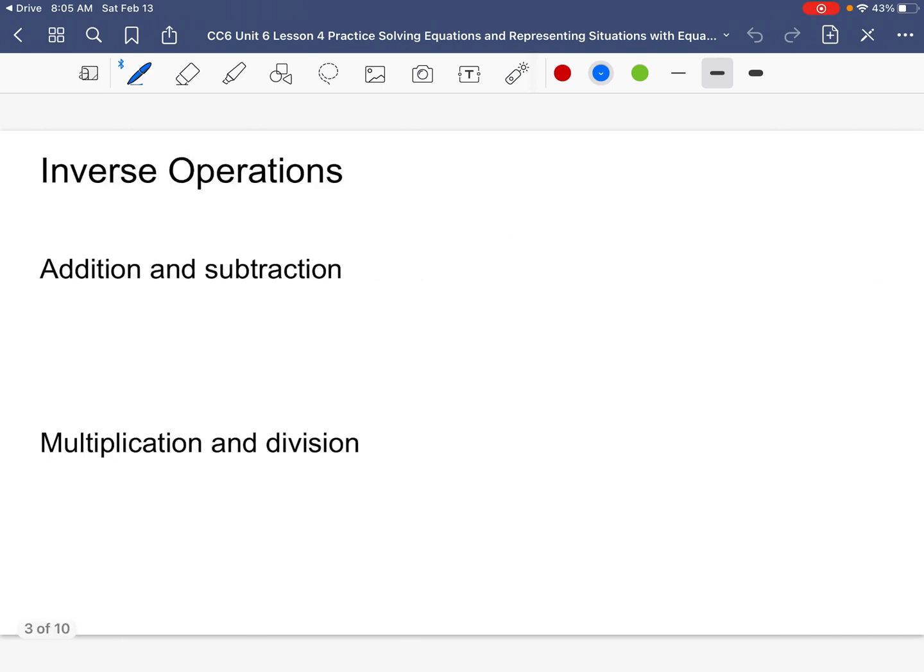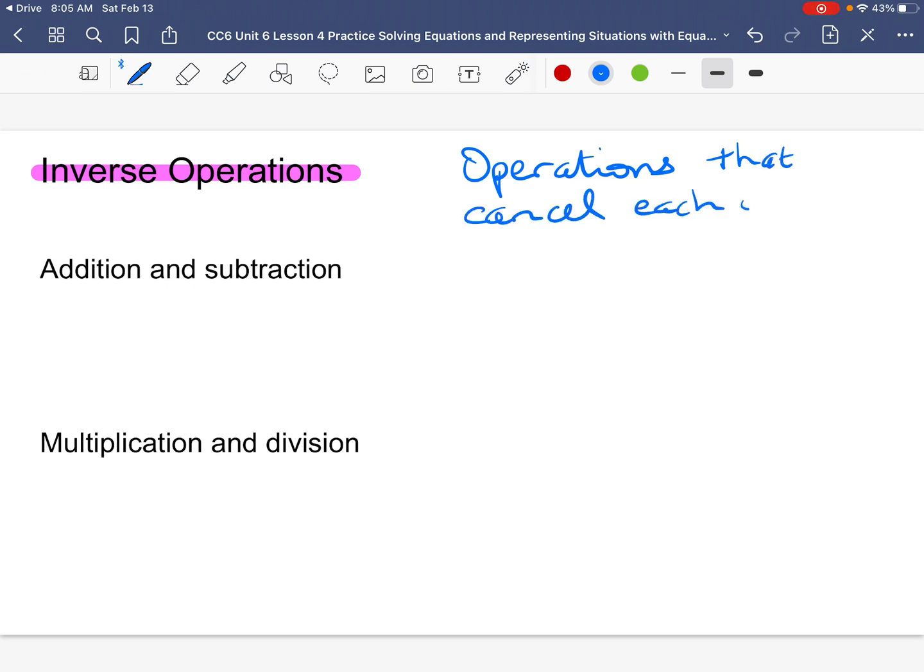So first, let's look at something called inverse operations. Inverse operations are operations that undo each other, or operations that cancel each other out. For example, addition and subtraction are inverse operations.